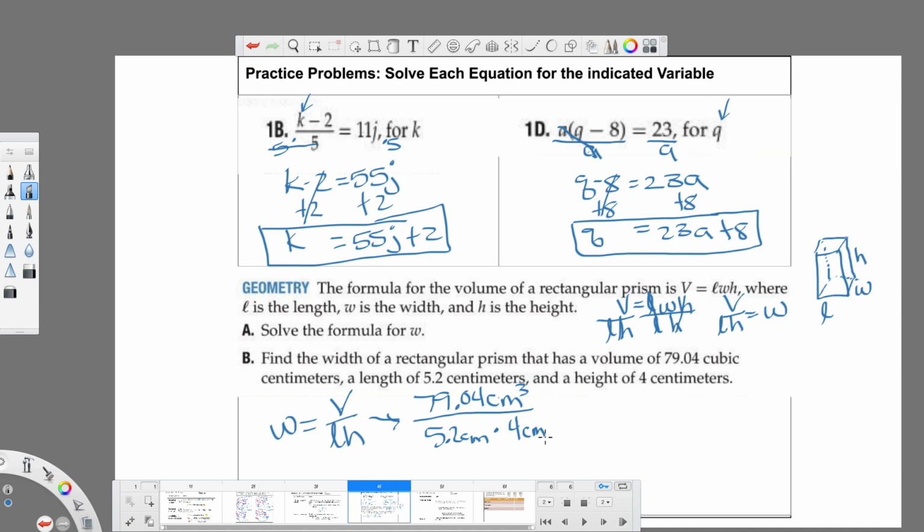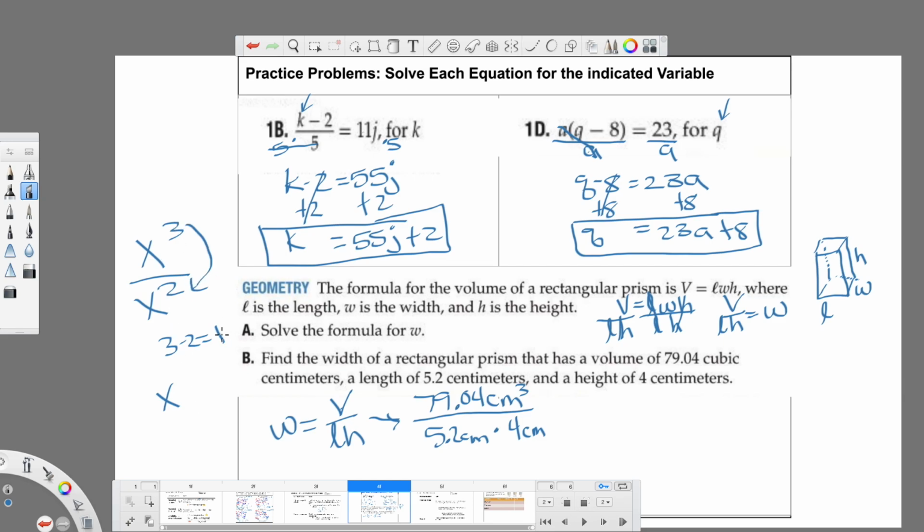So let me write it over here so that I'm not just saying it kind of funny. When we were doing things like this with our powers, so this is our quotient of powers, I can subtract. I can go 3 minus 2, and that's 1. So I just have x left over. X to the first power, but I don't need to put the first power. So I can subtract these exponents.